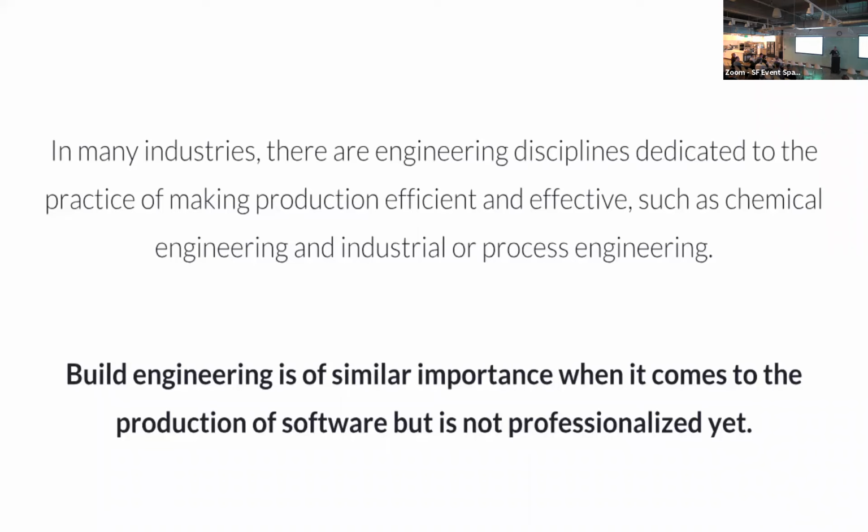You can get a PhD in chemical process engineering or in automation engineering. Those are well-respected crafts with a tradition of 40, 50 years of research. And in the software industry, 10 years ago, the build guys were the second-class engineers who were basically not good enough to write production code.